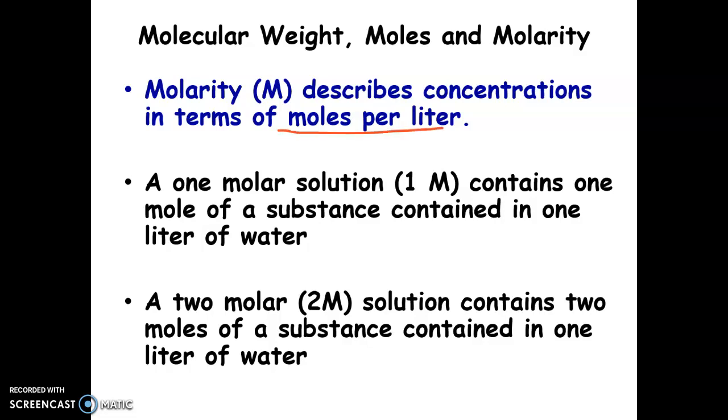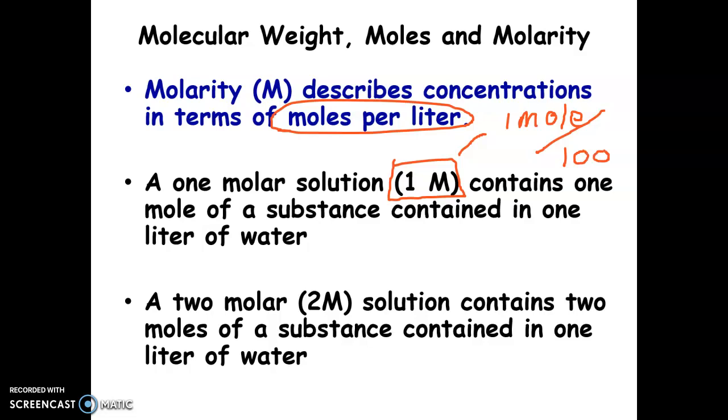So it's moles per liter, that's the unit, okay? So when you see this here, 1 molarity is talking about this solution will have 1 mole of whatever substance or chemical you're looking at per liter of solution. So the denominator is always a liter.